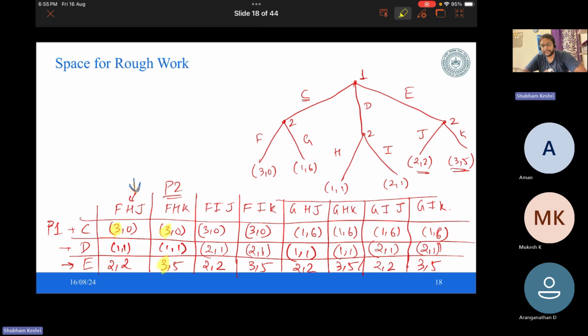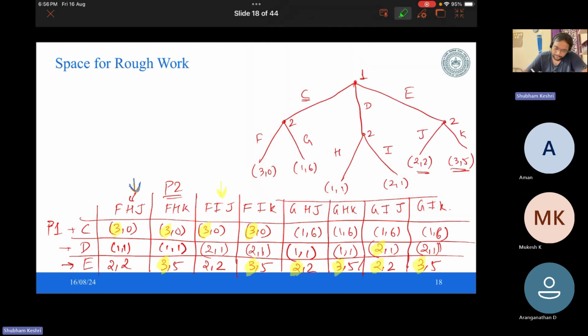You see, the utility in this case is 3 for player 1 to play C or to play E. In this case, player 1 will play E, because this will be the action for player 2, and the best response for player 1 is to play C. Over here he can either play C or he can play E. Over here he has to play E because the utility is 2. Over here he will play E. Over here he can either play D or E, and over here he will play E. Is this all right? The best responses of player 1.